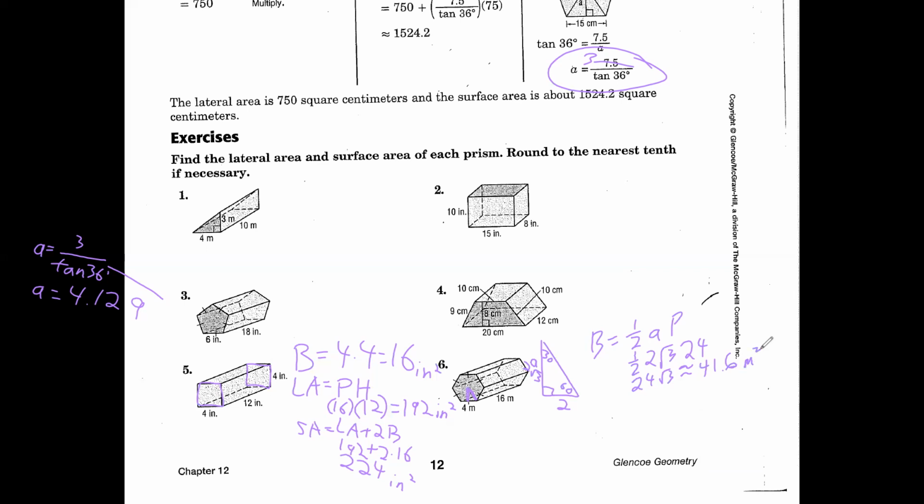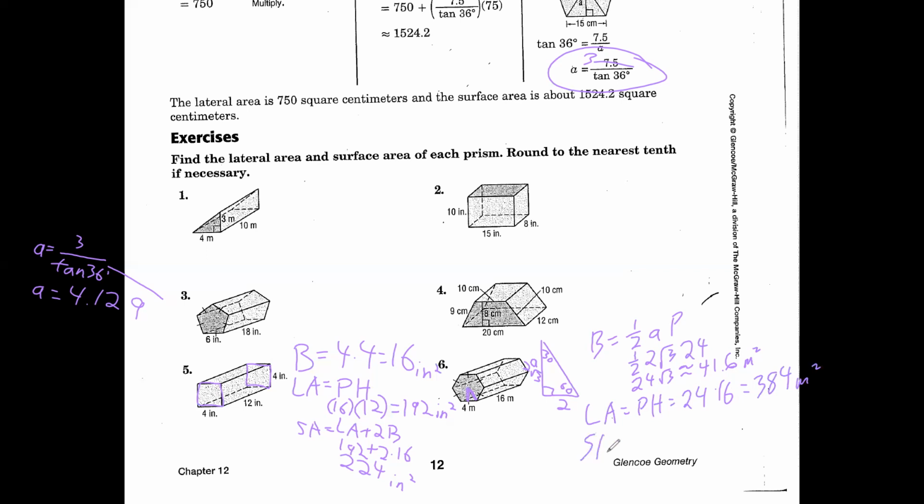Now we also have to find lateral area and surface area. So lateral area. We already know the perimeter of the base was 24 from before. So again, perimeter times height. 24 times the height, which is 16. 24 times 16 is 384. Do it in squared.